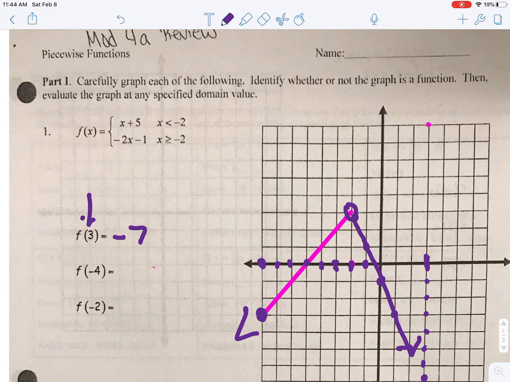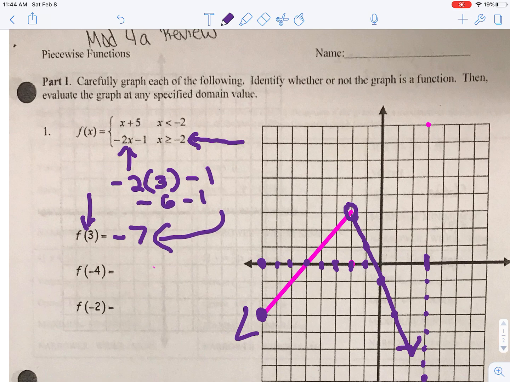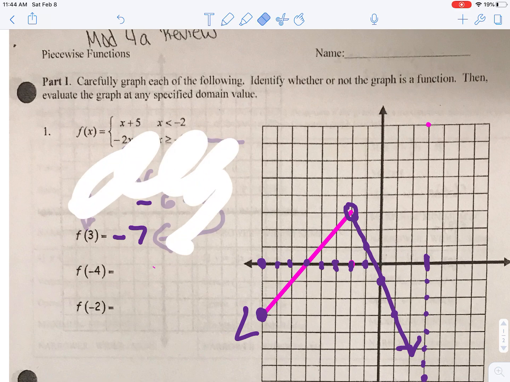That belongs here, because 3 is greater than or equal to -2. So I get -2 times 3 minus 1, which is -6 minus 1. That means we got it right. It is -7.